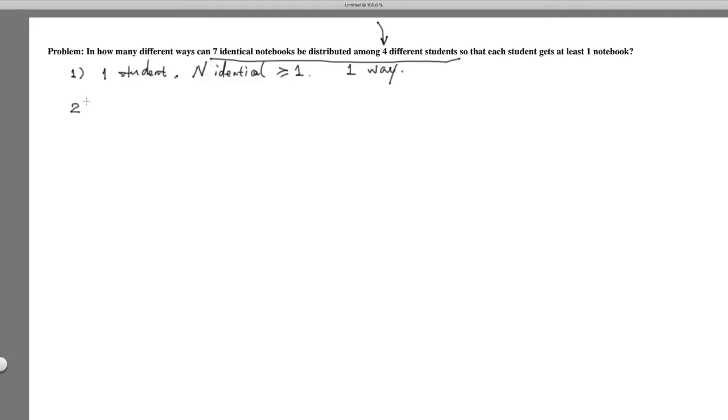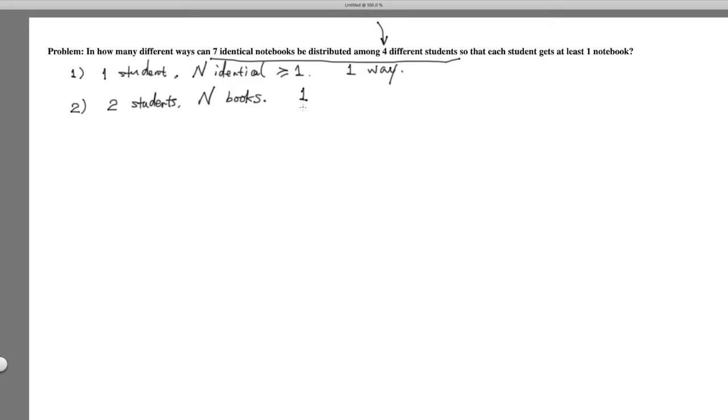Now, instead of 1 student, let's consider there are 2 students. And again, there are n books. How many different ways? Now, we use casework. For the first student, if you get 1 book, then all the n-1 books go to the second student.